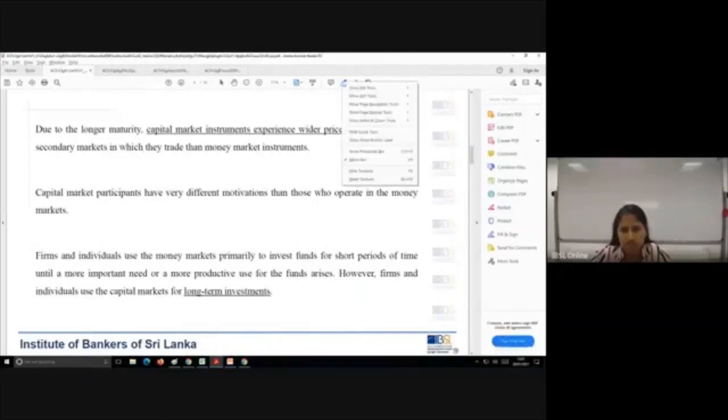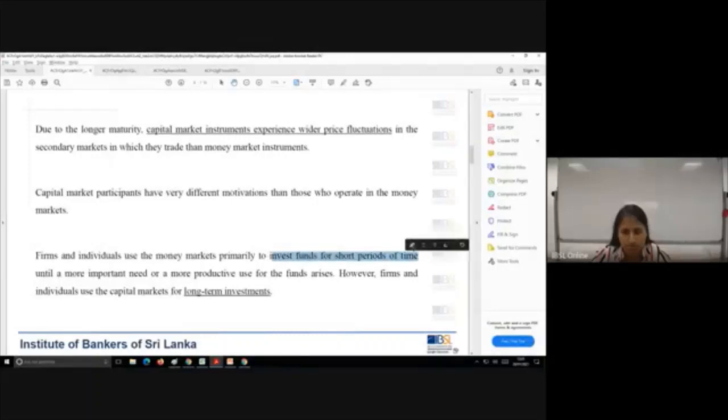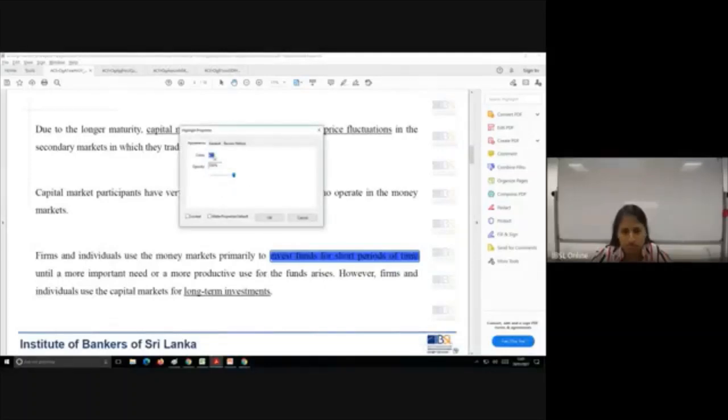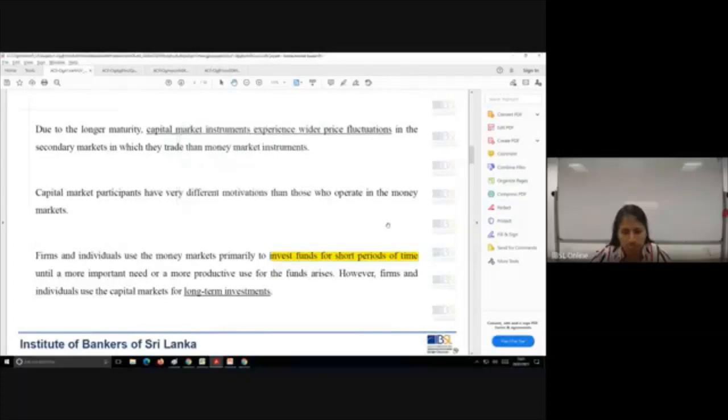Let's change the color of it. They enter to invest funds for a shorter term in the money market until a more important need or a productive use for that fund comes.